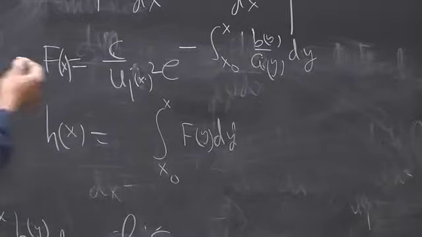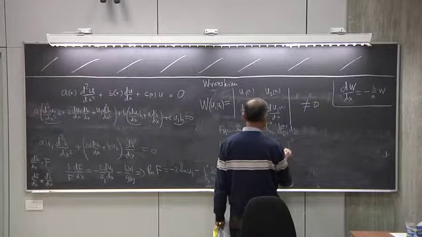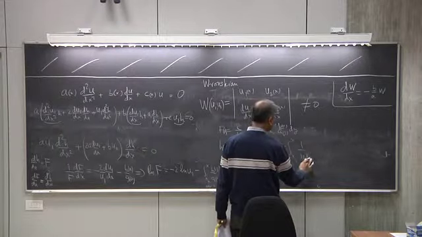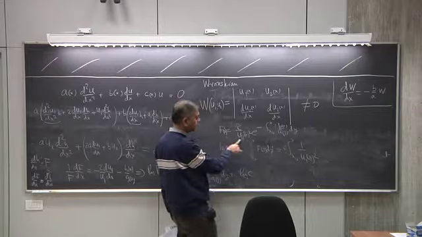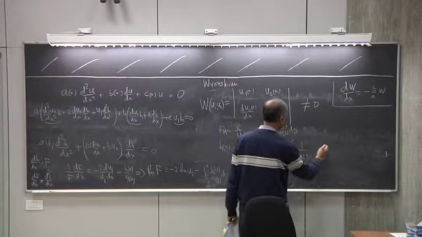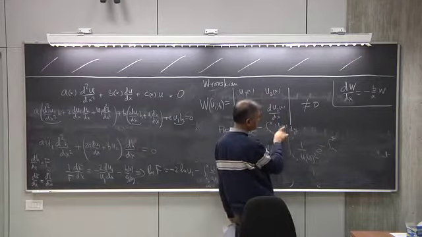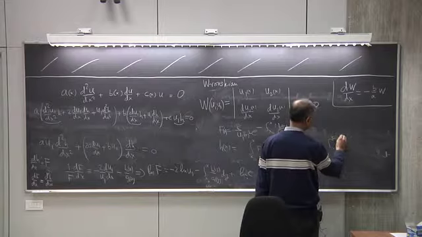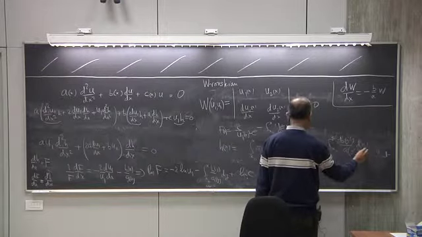So we can just plug this in: the integral from x naught to x of some constant, 1 over u1 y square, because this is f evaluated at y, and then e to the power of minus the integral from x naught to y. Now I should choose some other dummy variable here, I don't know, let me call it y prime, b of y prime over a of y prime, dy prime.